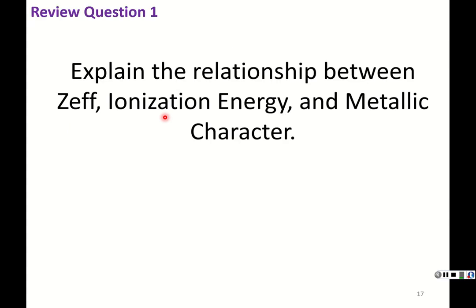First review question: explain the relationship between Z effective, ionization energy, and metallic character. Hopefully we've done a good job of that in this lecture. Let's first look at the ionization energy.